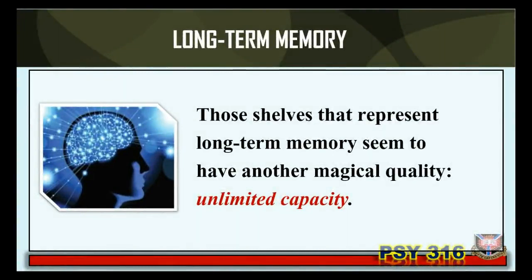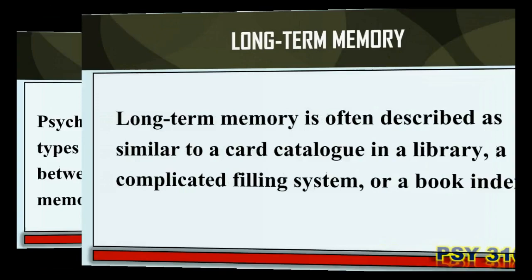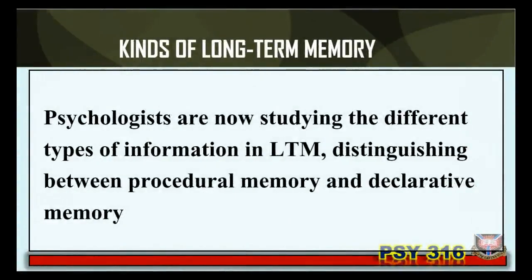If you throw anything onto the shelves haphazardly, you may never be able to find the tool you want when you need it. If you organize the tools according to a system, they will be easier to find. Long-term memory is often described as similar to a card catalog in a library, a complicated filing system, or a book index.